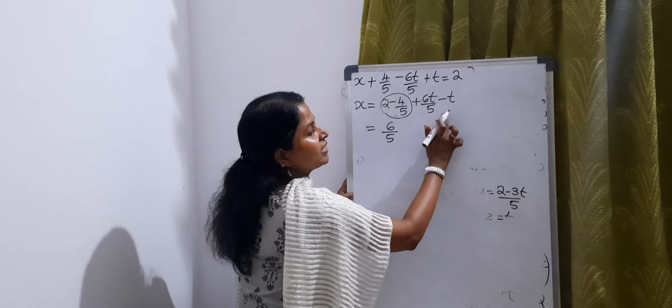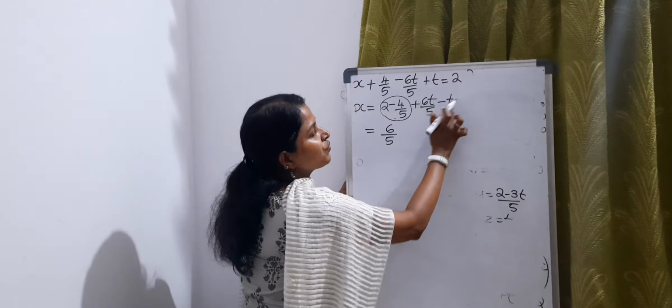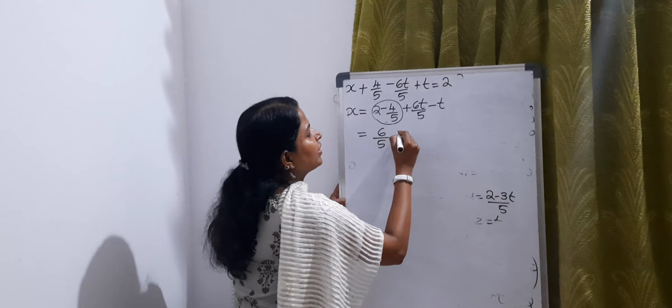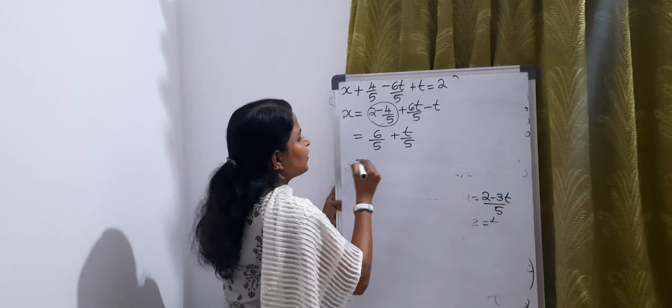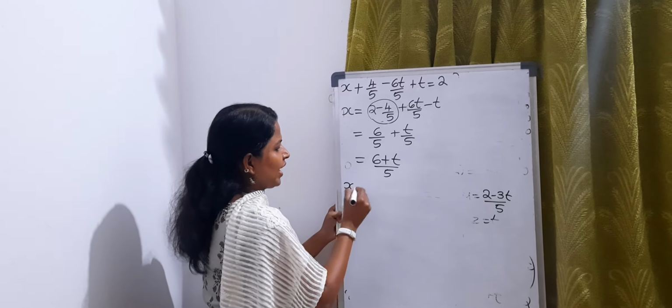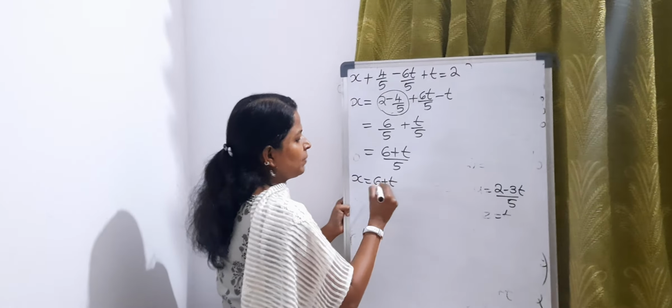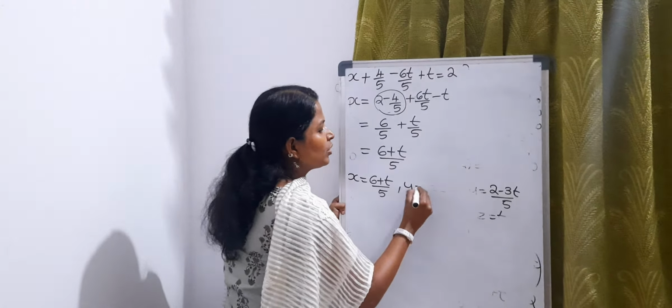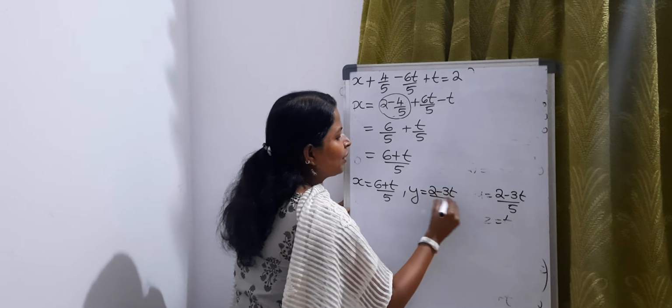So take the LCM, 5: 6t minus 5t is t by 5. That is, we get 6 plus t by 5.